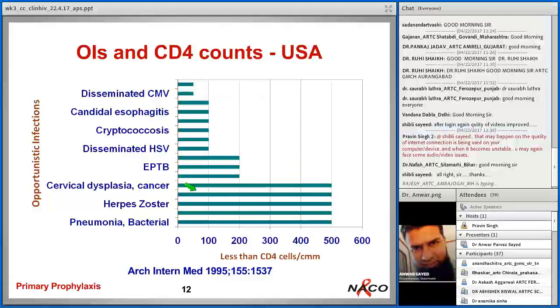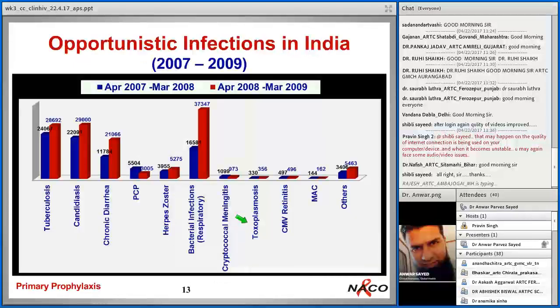But there are some other conditions which can happen at any level of CD4, which include pulmonary tuberculosis, pneumonia, bacterial infections, herpes zoster, then cervical cancer and other things. So again, we can predict the OI based on CD4 levels.